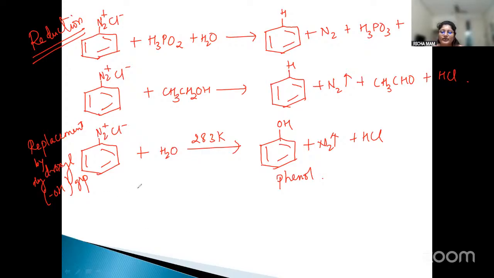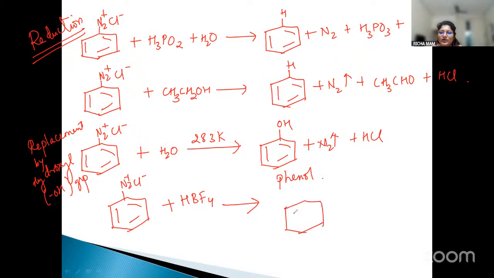Then next is replacement by the nitro group. How are we going to do it? Take again N2+ Cl- and react it with HBF4, fluoroboric acid. I am going to get N2+ BF4-.